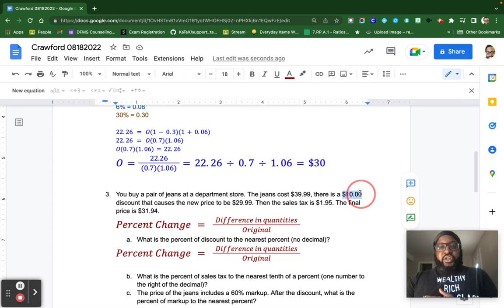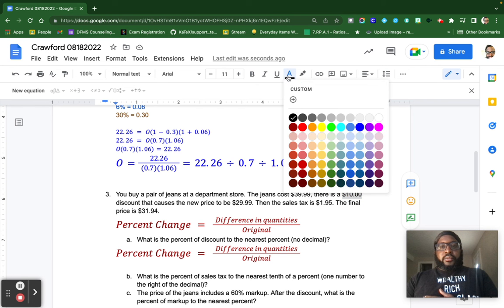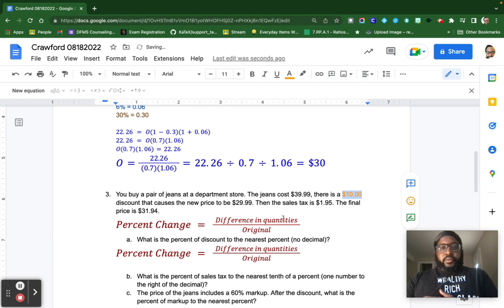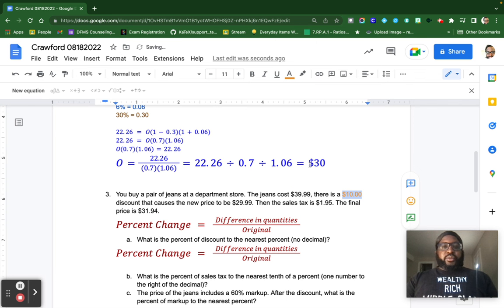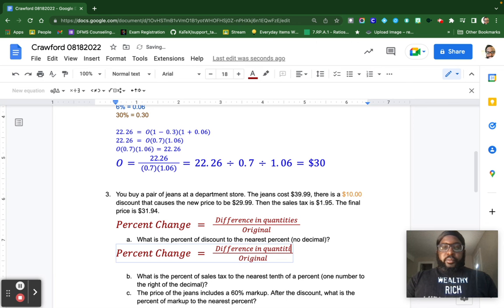So I'm going to mark this in orange because I need this. And also, if you're more comfortable with doing 39.99 minus 29.99 to get 10, that works as well. And the original price was 39.99.